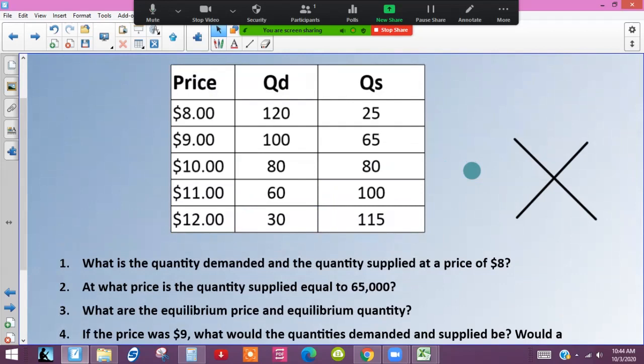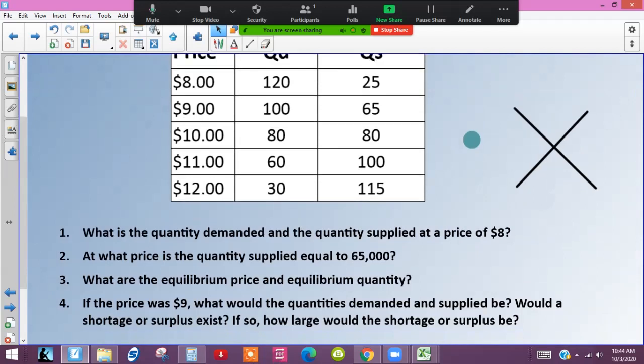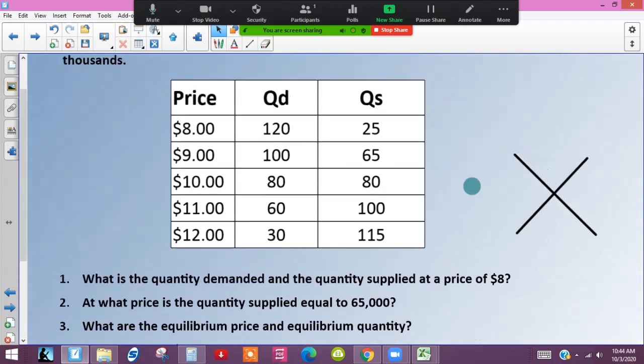Because if you were asking instead what would happen if the price was set at 11, which would be a price above market, which would be a price floor, then that would create a surplus of 40,000 with a price floor set at $11, $1 above the market equilibrium price of 10.